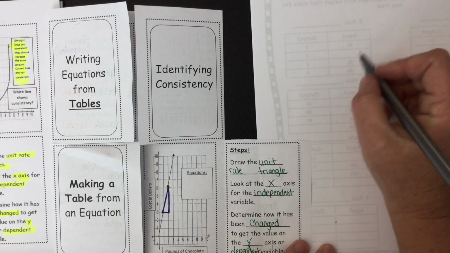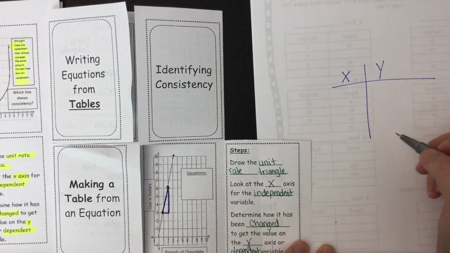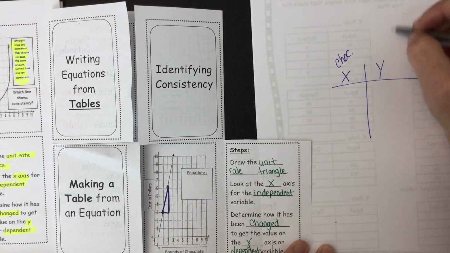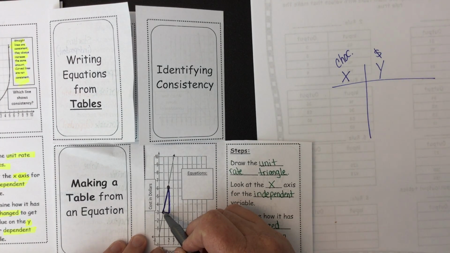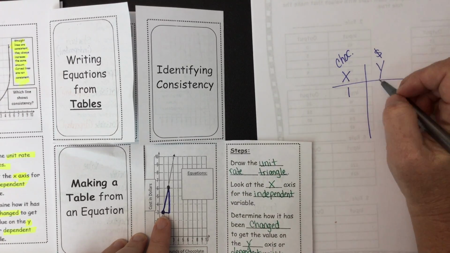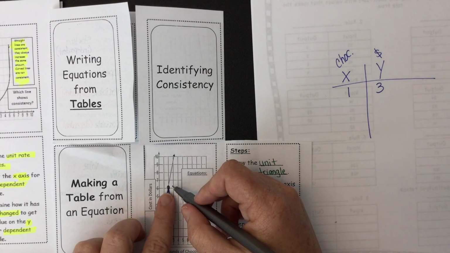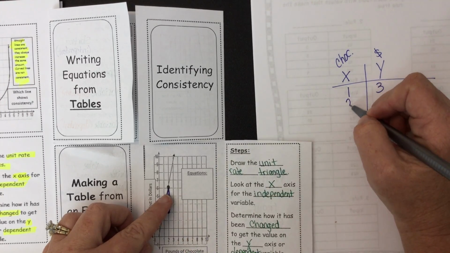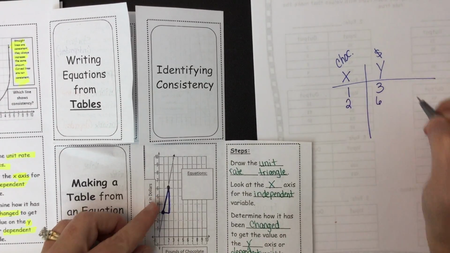So I'm going to say, okay, X and Y. This would be chocolate, yummy, and cost. Look at my points that they gave me. This point here was 1 pound, $3. 2 pounds was how much? $6.